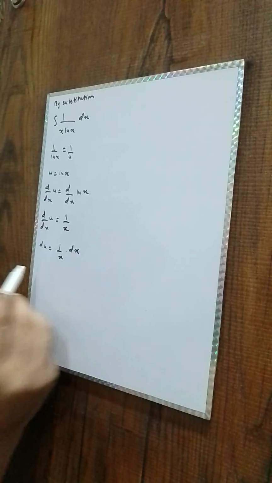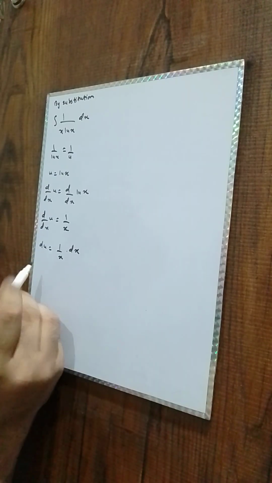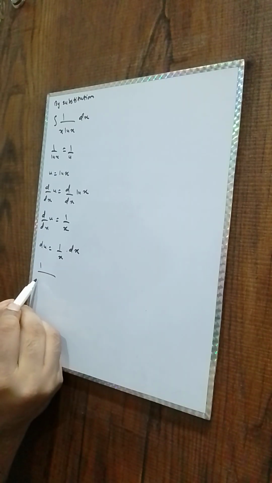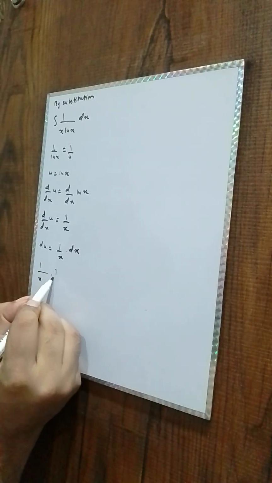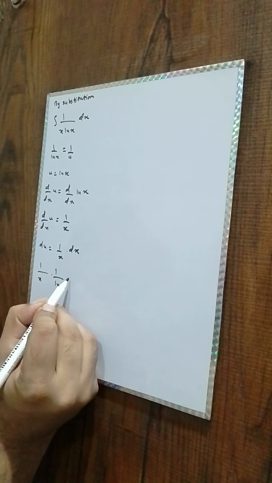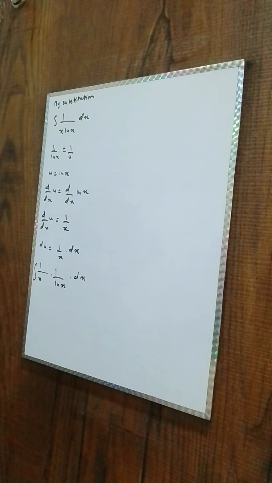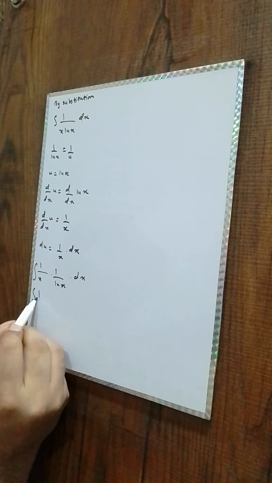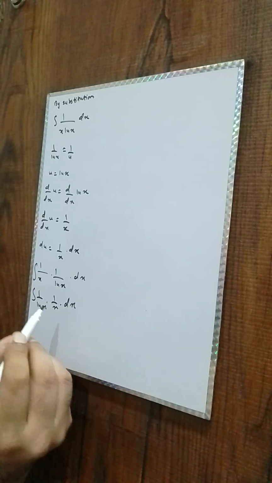Okay, and now we get back to the function which says 1 by x dot 1 by natural log of x dot dx. So this is the function which is to be integrated. So we change the sequence: 1 by natural log of x dot 1 by x dot dx.